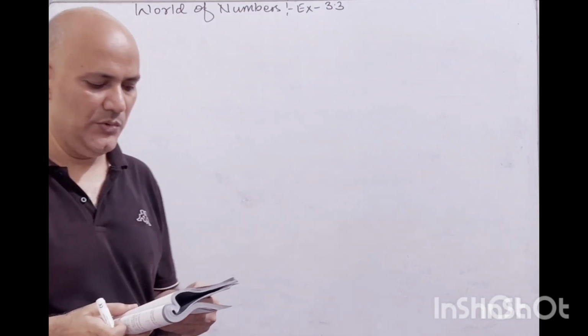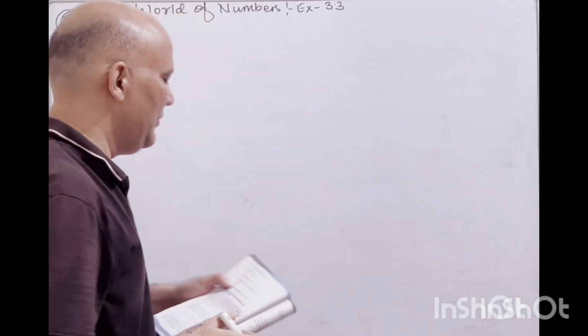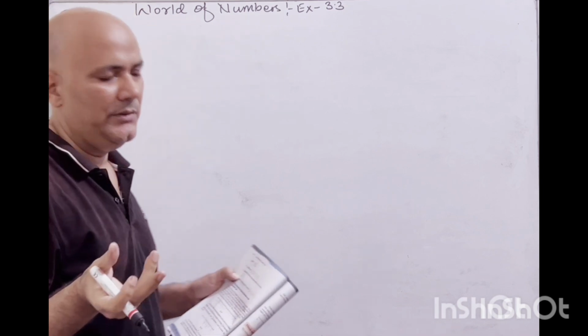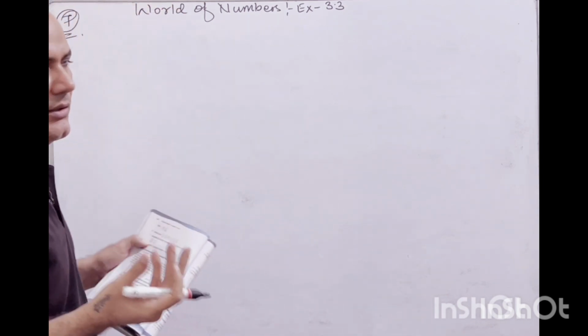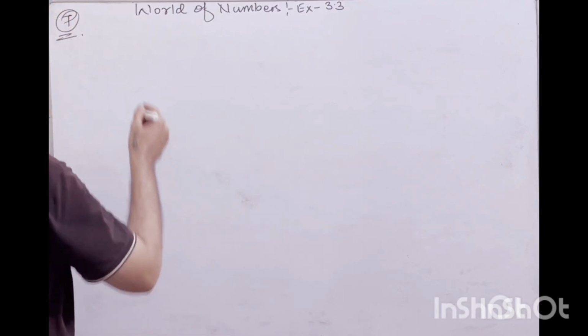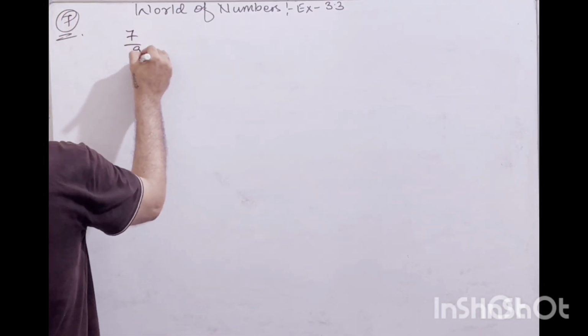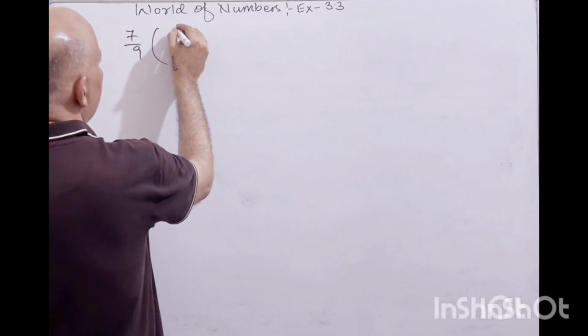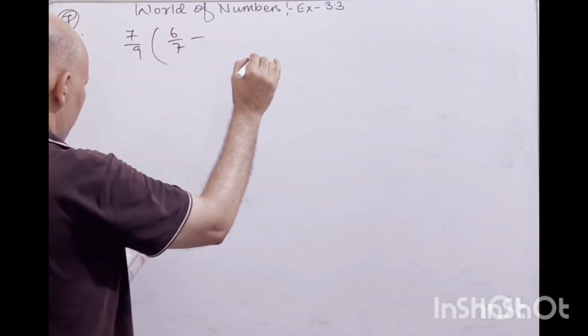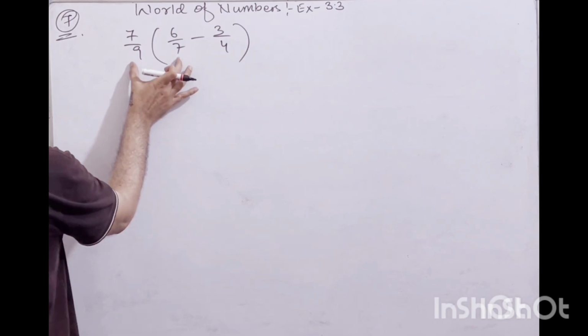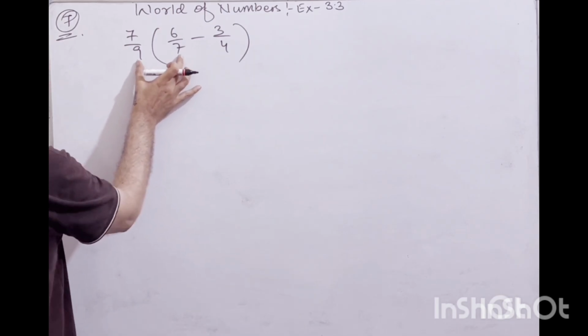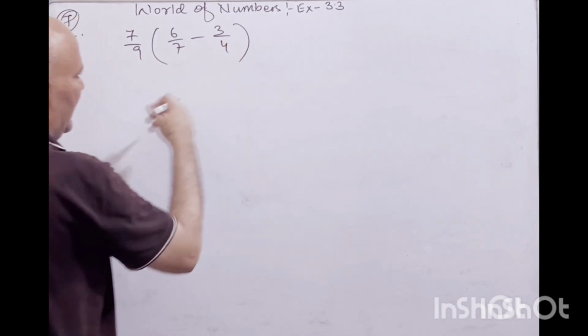Simplify the following using the distributive property. You know that when we are using the distributive property in multiplication, the answer remains the same. So we have been given 7/9 multiplied by 6/7 minus 3/4. So what we have to do is multiply these two and then multiply this one and this one, then deduct.